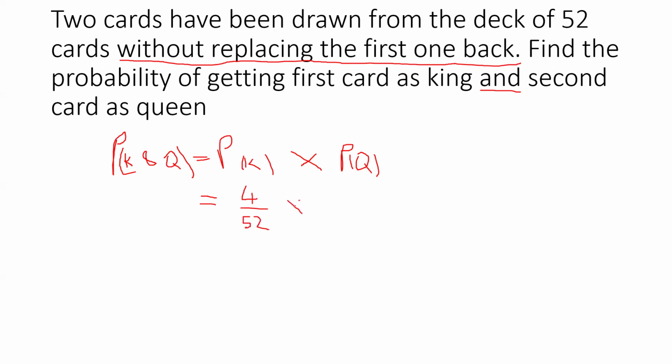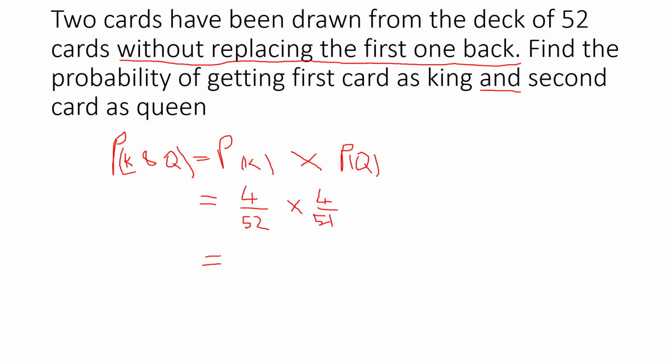Multiplied by, how many queens do I have? I have 4 queens out of, but because I've already taken the first king out, the total changes to now 51.